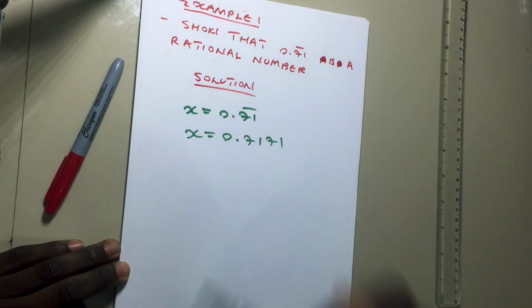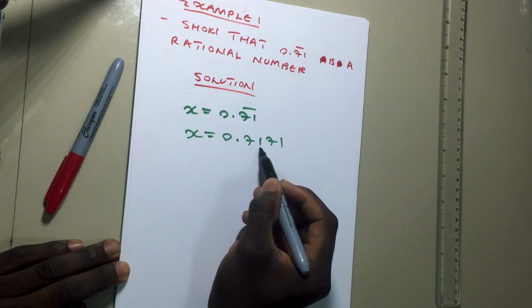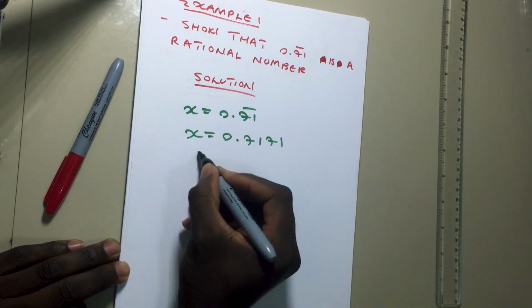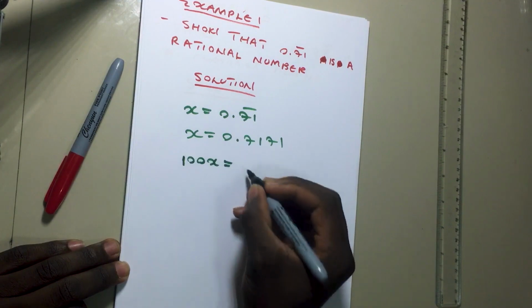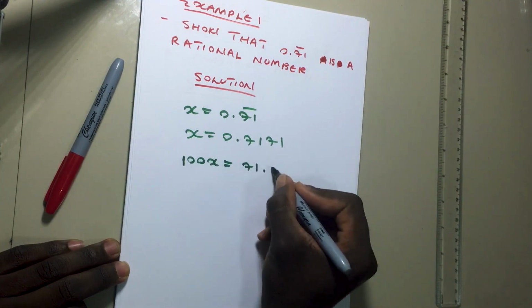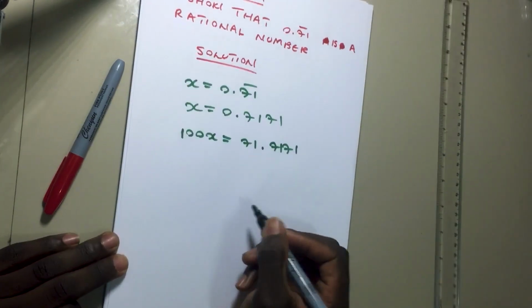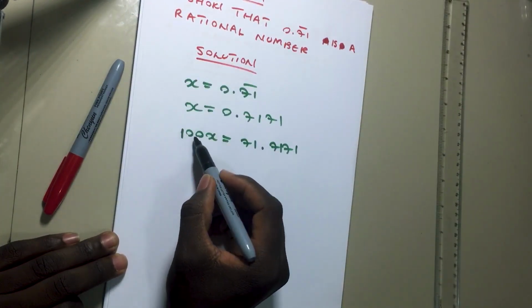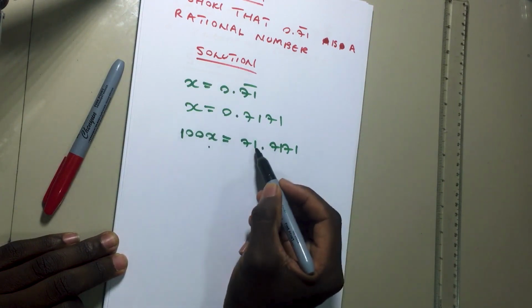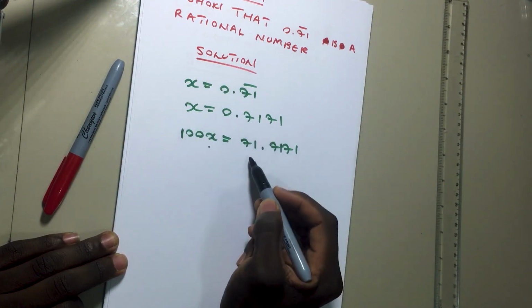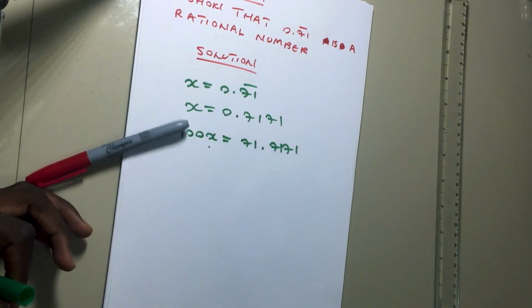So we say 100 times x, giving 100x, and 71.7171. The next step is to subtract x from 100x, that is, subtract 0.7171 from 71.7171. I know that sounds confusing.